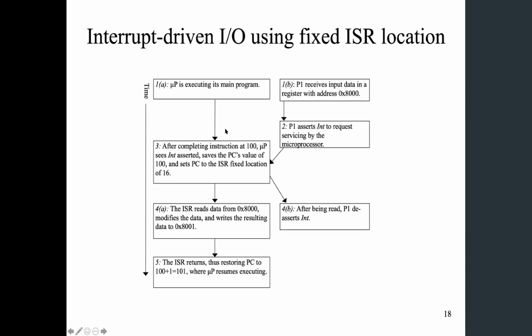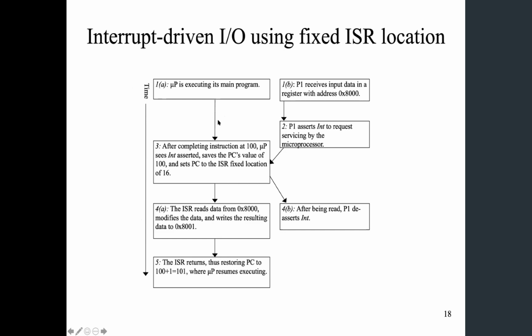The several boxes on this column show the behavior of the microprocessor. And the few boxes on the right side, this column, show the behavior, the activities, of the peripheral device, which is represented using P1. And we'll proceed from top to down on the time axis.